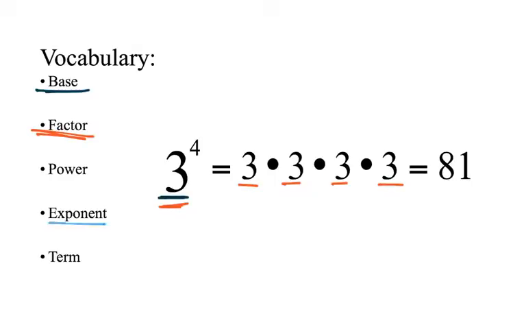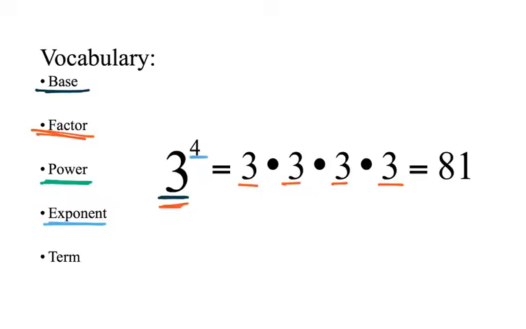Then let's look at exponent. We've talked about exponents. The exponent is the little number up to the side, and it tells you how many factors of 3 there are. So for instance, this is 4. So there it means you're going to multiply 3 times 3 times 3 times 3. And then the power is also the exponent.